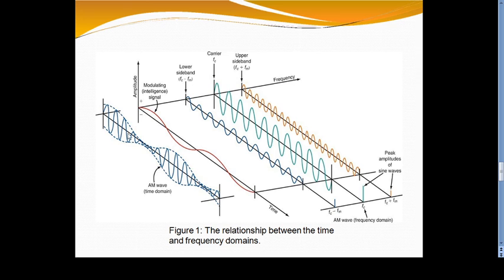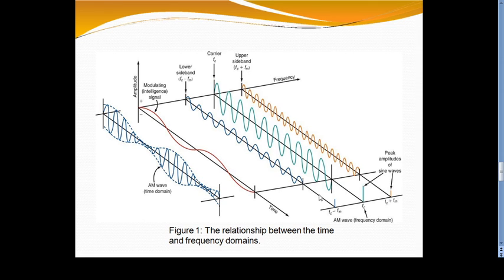This relation can be explained in the figure. This is the time domain, and the outer part, the dotted line, is called the envelope. Similarly, the red waveform is the modulating information signal. Then there is the lower sideband, the higher frequency carrier, and the upper sideband.